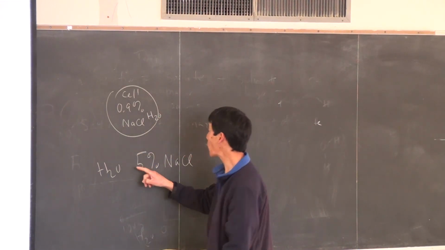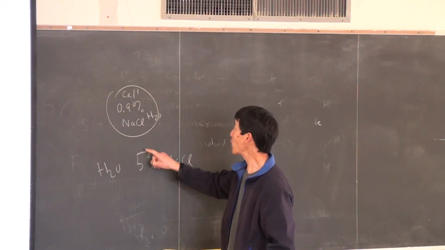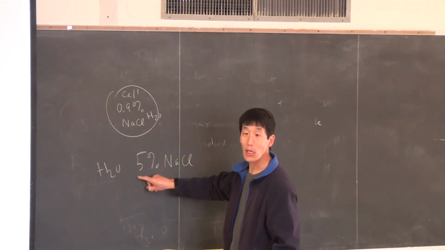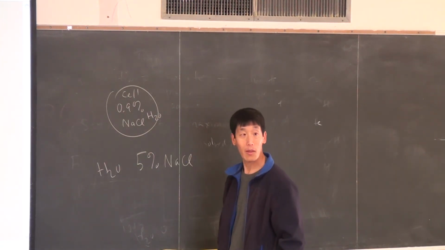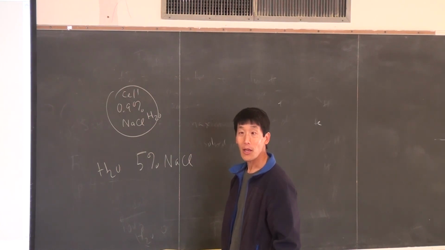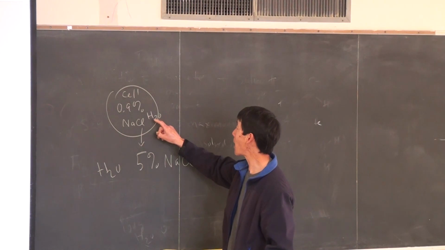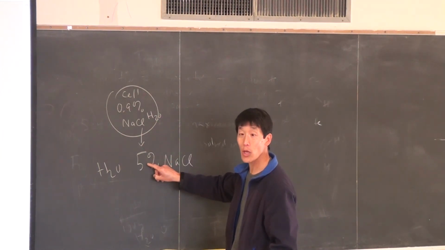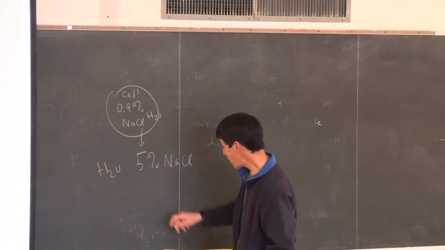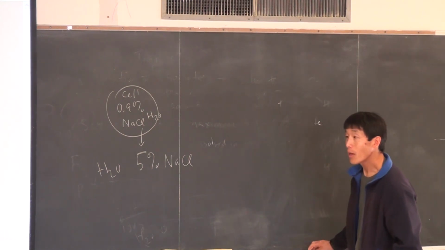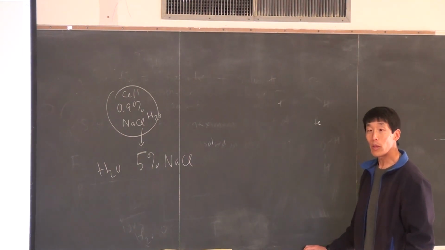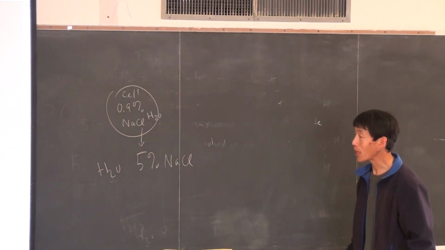Is water going to go from the outside to the inside of the cell, or from the inside to the outside? Through osmosis, it goes from the inside to the outside. So it goes from the high water concentration to the low water concentration. That's how osmosis goes. Osmosis is defined as the movement of water through a semi-permeable membrane due to a difference in concentration.